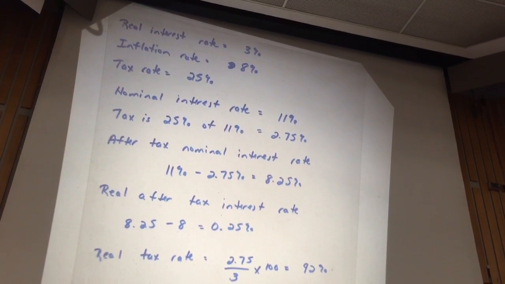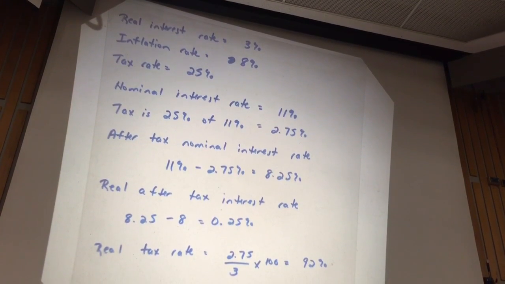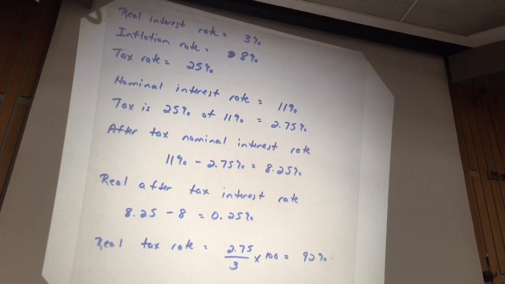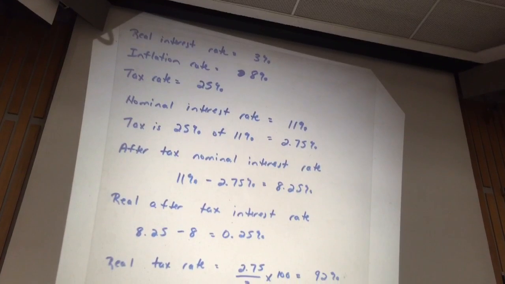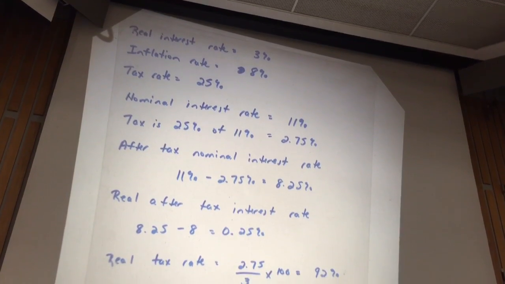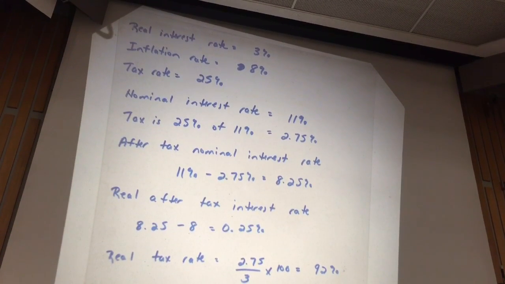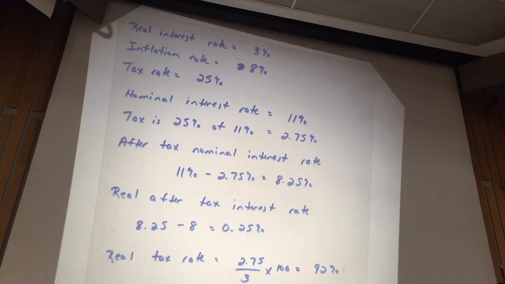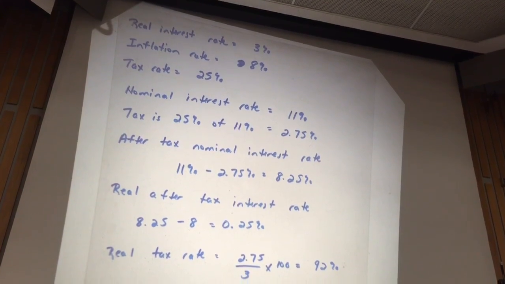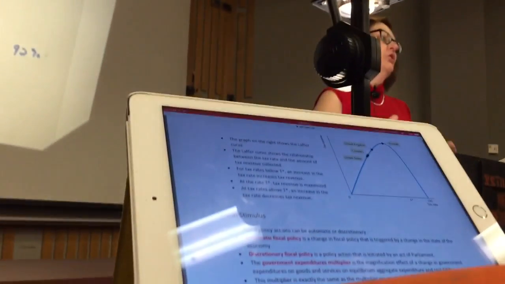The higher the inflation, the more we're going to be paying in tax. And that's one of the major reasons why Bank of Canada is targeting the inflation rate to keep it low. Because when inflation is high and we have to pay this huge tax on investment, what's going to happen is we're not going to invest as much. And we've learned that if we don't invest much, then what happens, economic growth slows right down.